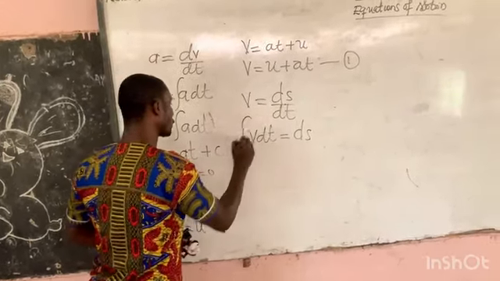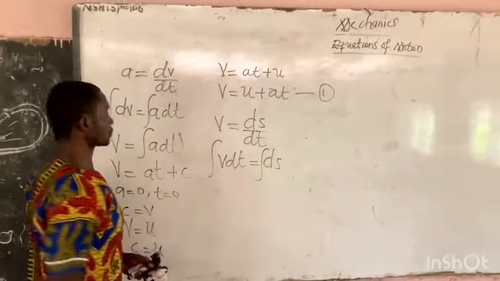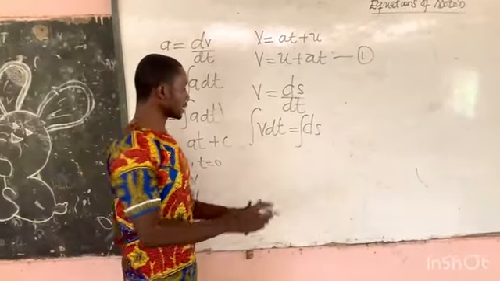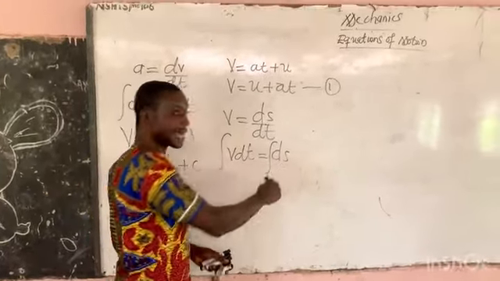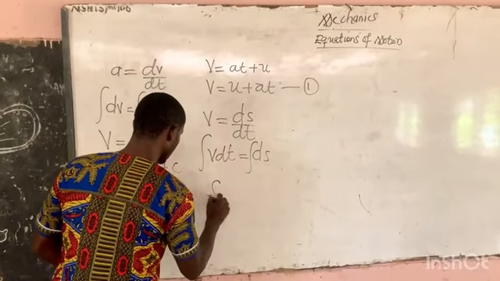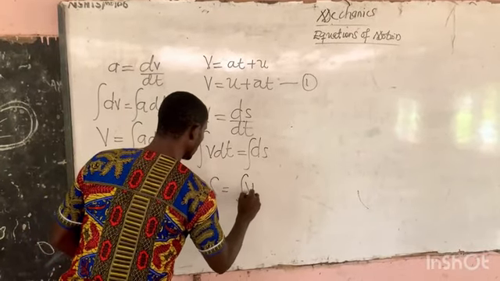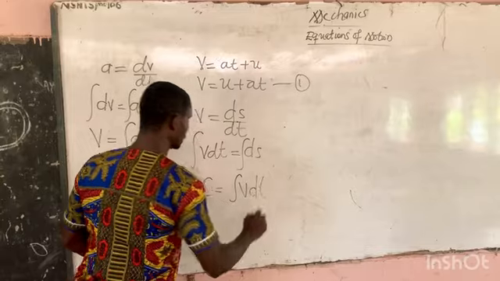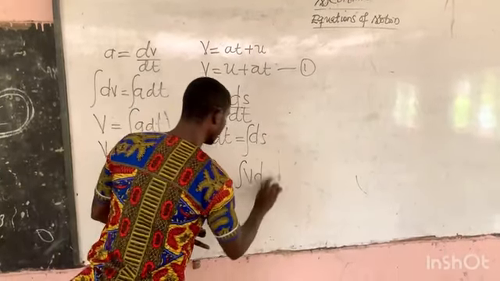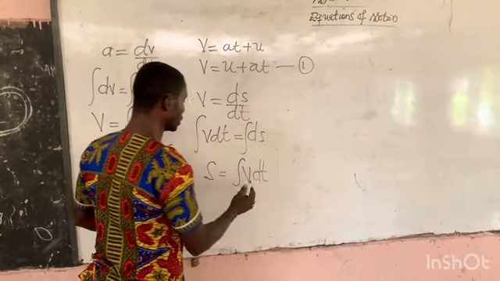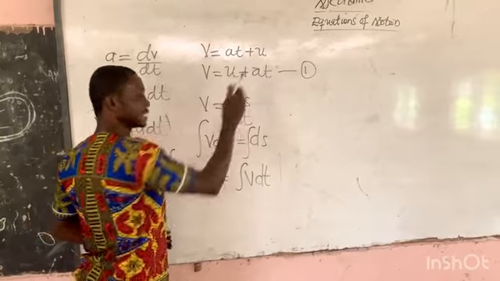So we integrate both sides. If you integrate ds, it will give you s, the distance. s is equal to the integral of v dt. And what is v? That's the velocity, which is u plus at.